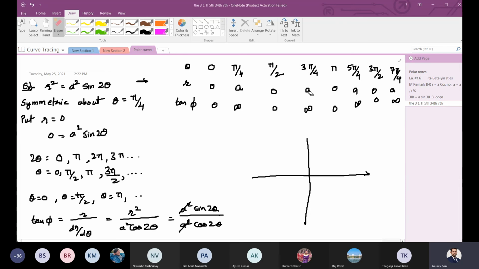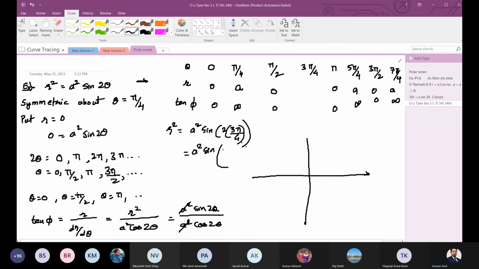What is the conclusion then? What you will get here is r square equal to a square sine 2 times 3 pi by 4. So this is a square sine 3 pi by 2.